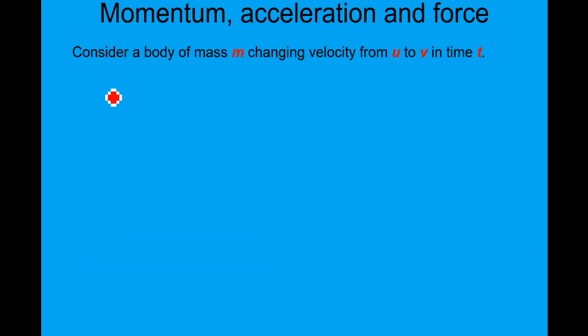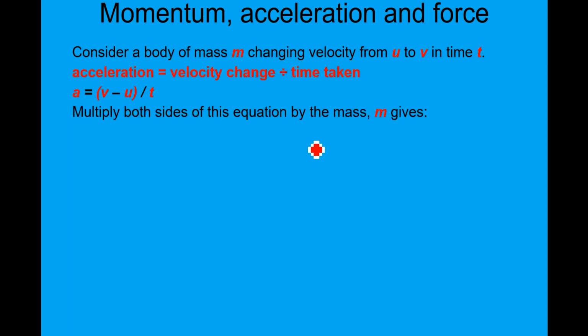So there is a relation. We know acceleration equals change in velocity by time taken, a equals v minus u by t. If we multiply by m, that means mass, on both sides, then ma equals m(v minus u) by t.